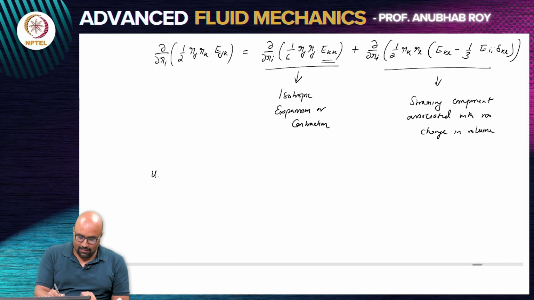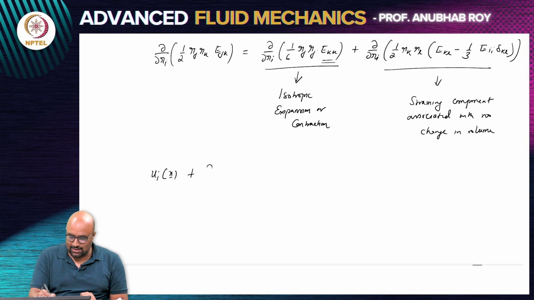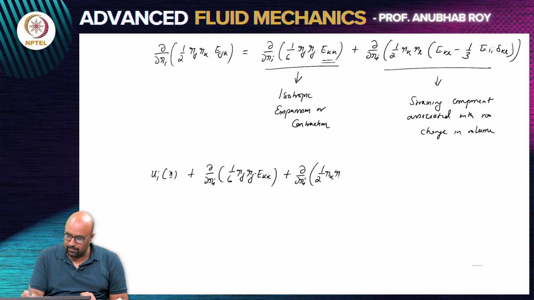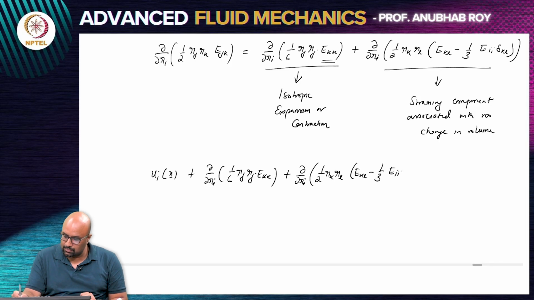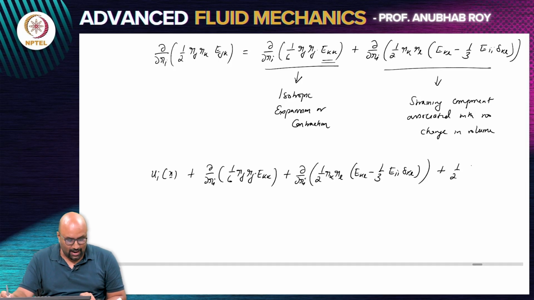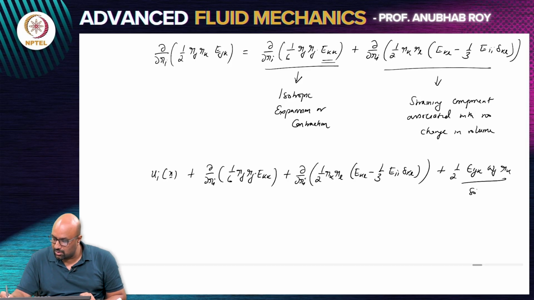So, the velocity has a uniform translation, has an isotropic expansion part from the rate of strain tensor, has a straining part that is not related to change of volume, and finally, it has a part that is related to a solid body rotation.